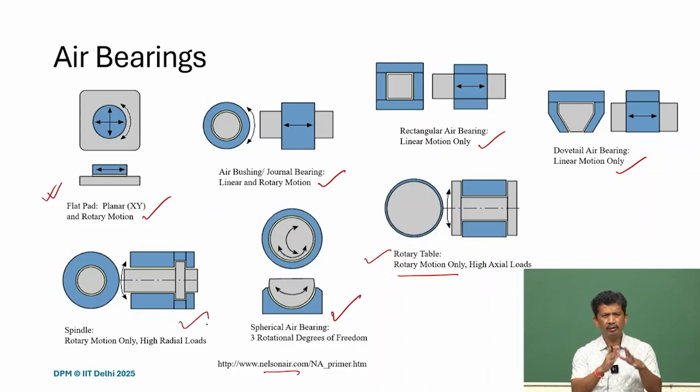In all these applications, what we see is that there is no direct physical contact between the moving parts, they are floating. And since there is no friction, the maintenance, the wear and tear, we can eliminate, and the operation is very quiet, and at the same time the precision level is very high.